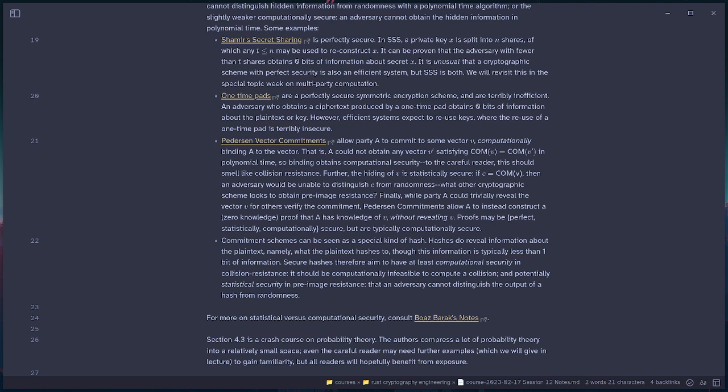If we return to our hash function analogy, if the adversary can distinguish the output of the hash function from randomness, then they have information about the plaintext or the pre-image. So in this context, statistical security does make sense.